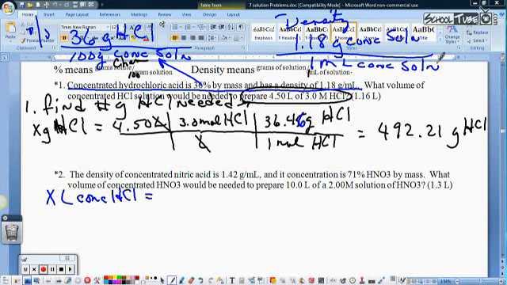So what do I know at the end of the first part of the problem? 492.12 grams of HCl. Which one of those two numbers that I know about concentrated HCl will cancel grams of HCl? No, not the density. Density has no HCl written on it at all.